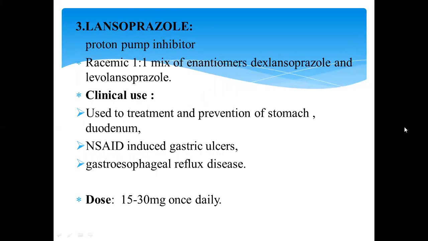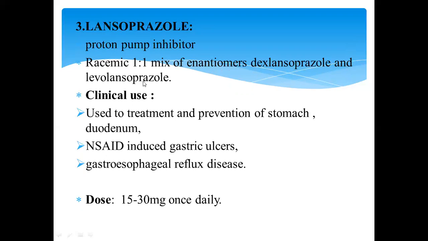The next drug, lansoprazole. It is a proton pump inhibitor. The racemic mixture, that is a 1:1 mixture of enantiomers, dexlansoprazole and levolansoprazole.